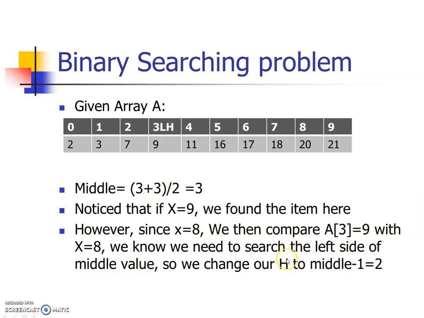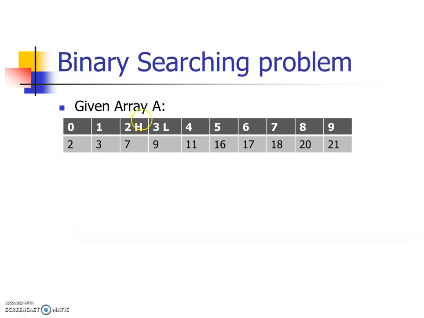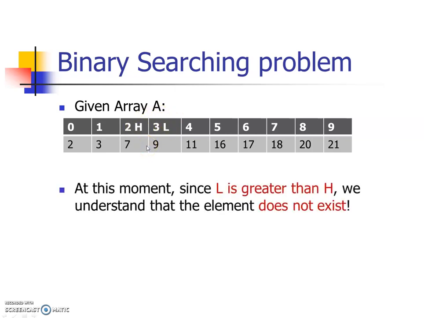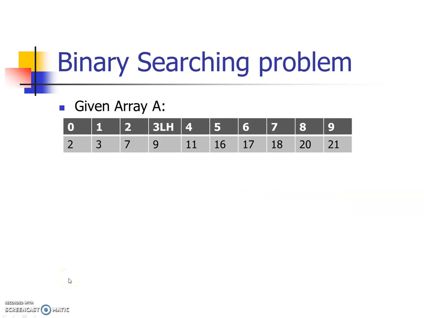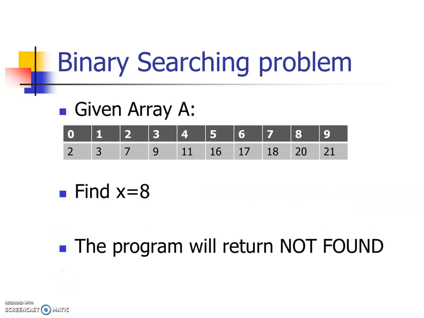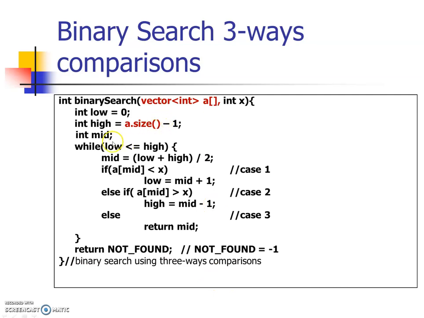So we change our high to the left of the middle index, which equals 2. That gives us a special scenario where our low index is greater than the high index, and that is when we can stop the program, indicating that the element is not there. So that gives us a mechanism to see whether the element does not exist. And of course, that comes in the program: if it's not there, then we will return not found.